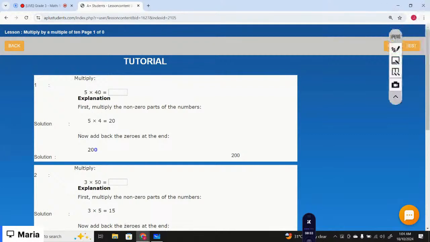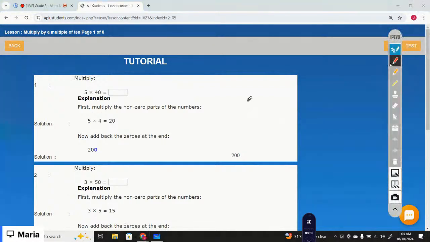So the multiples of 10 are 10, 20, 30, 40, 50. They all are the multiples of 10, right? Multiples means the numbers you can make by multiplying by 10. So we're going to learn how we multiply with them.